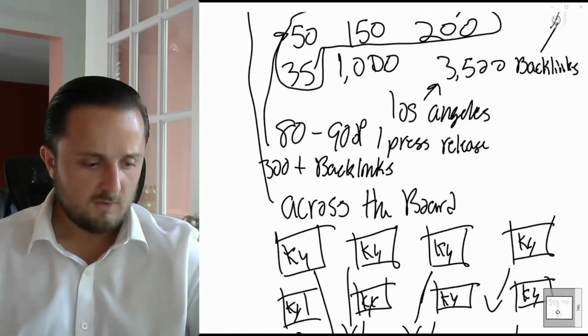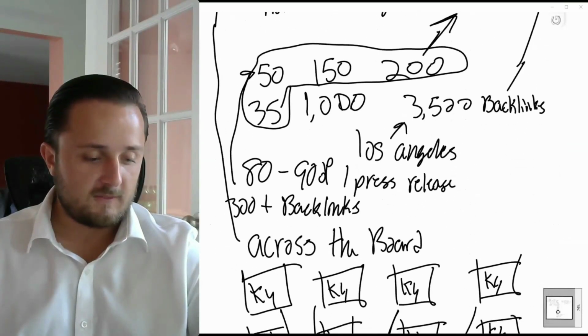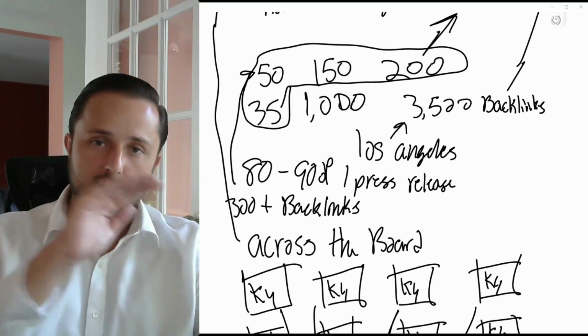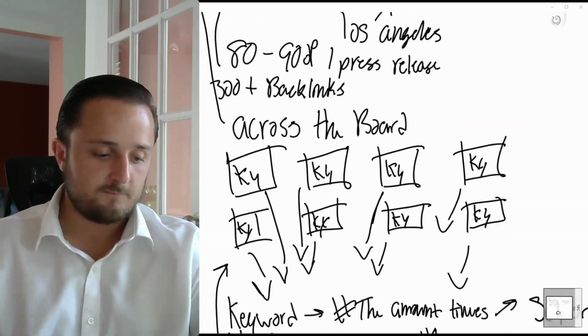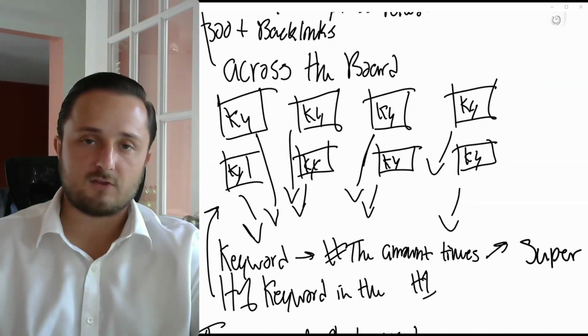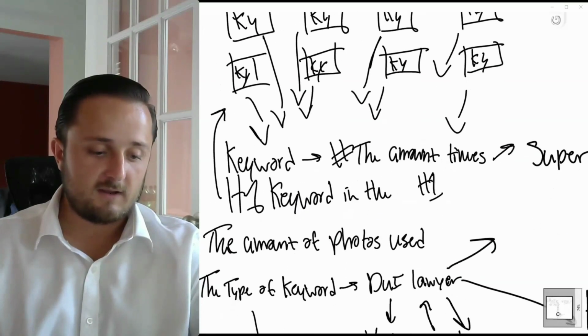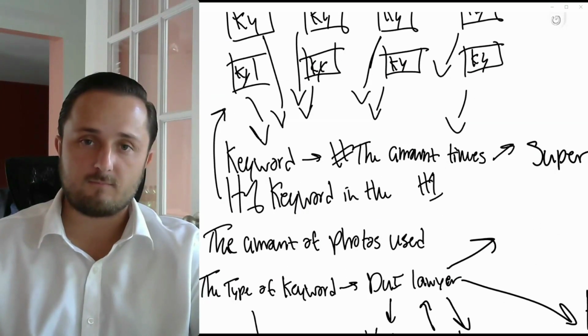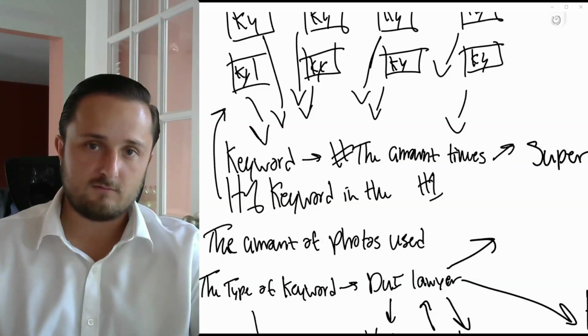So global ranking factors are things that are true across all of the terms, everything that we've searched, right? As an example, if we had 8 different keywords, 8 different search terms that we used, ranking factors that are true across all of these, right? So having the keyword on page, having a keyword in the H1.